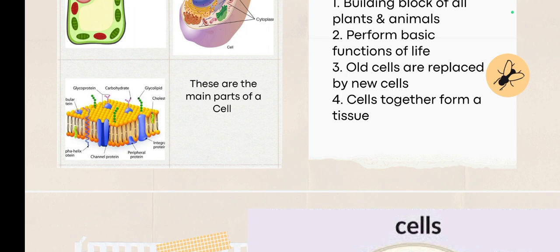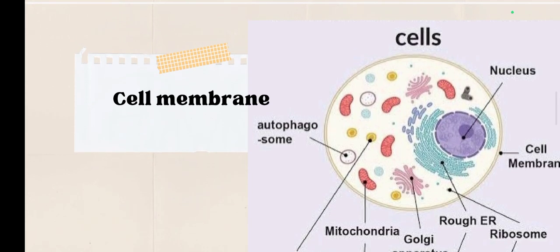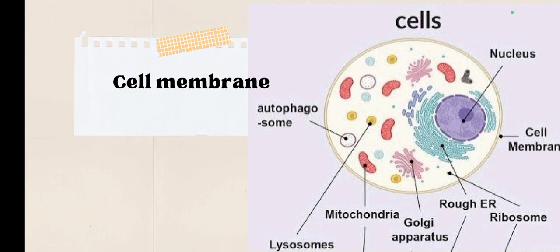Before we go into the cell organelles, let us study a little more detail about the cell membrane. As you can see, the cell membrane is also known as the plasma membrane, which is the outermost layer in an animal cell, and it is a membrane that protects and separates the interior parts of the cell from the outside environment.